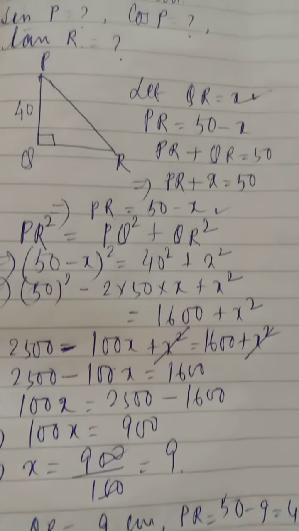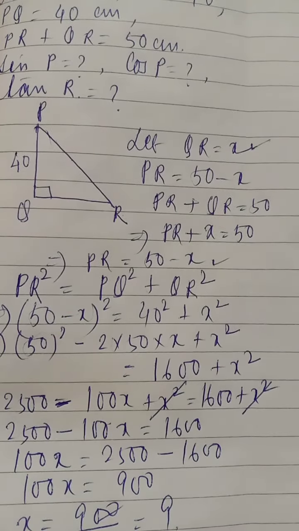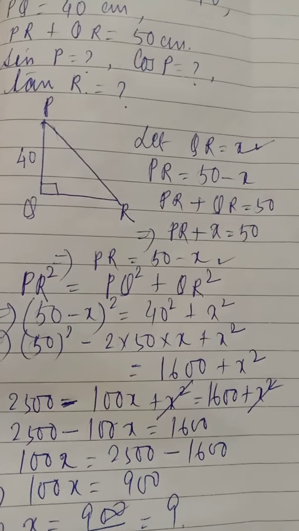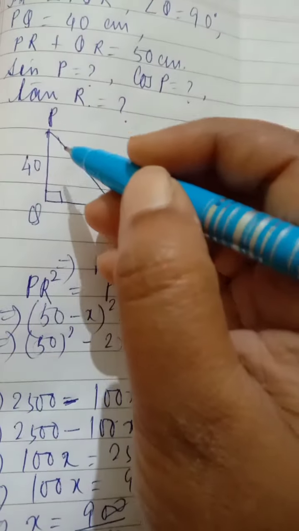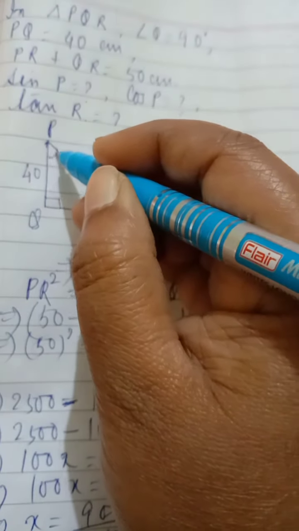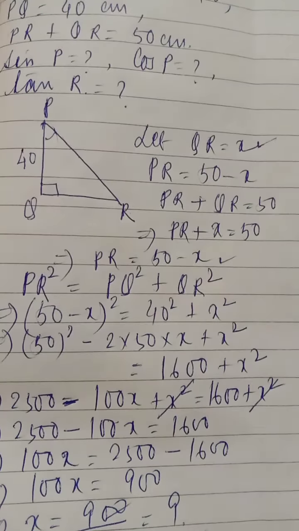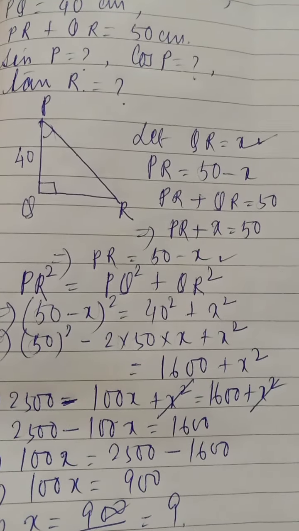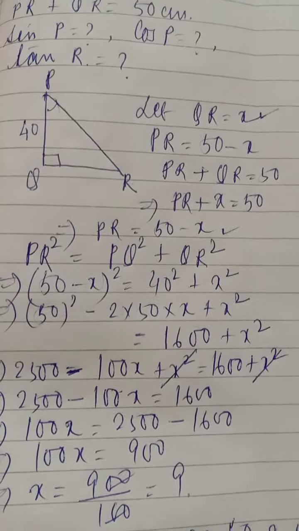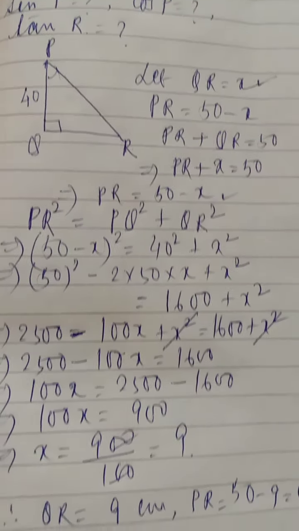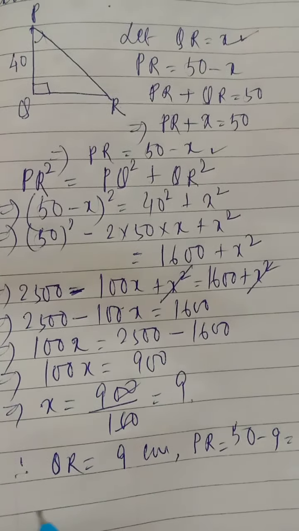Now we have to find the values of sin P, cos P and tan R. So for sin P, angle P is this. We know the formula of sin P is perpendicular by hypotenuse.